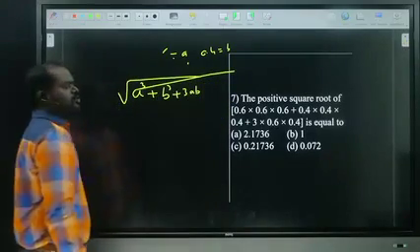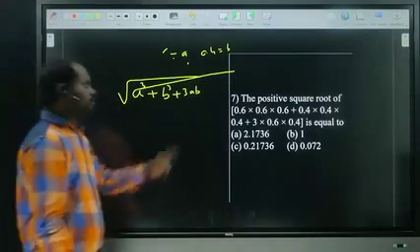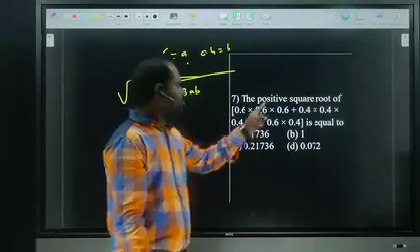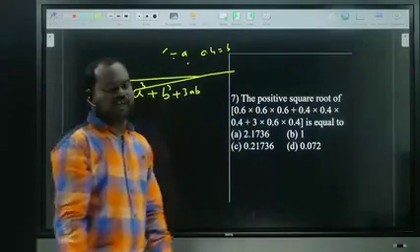Our question is A cube plus B cube plus 3AB.